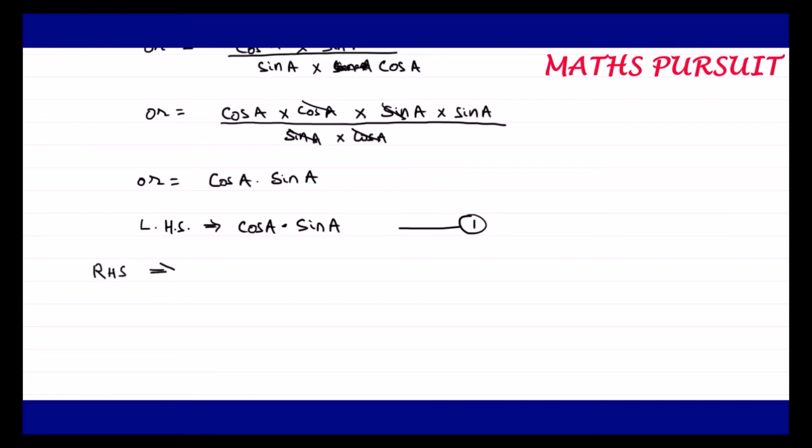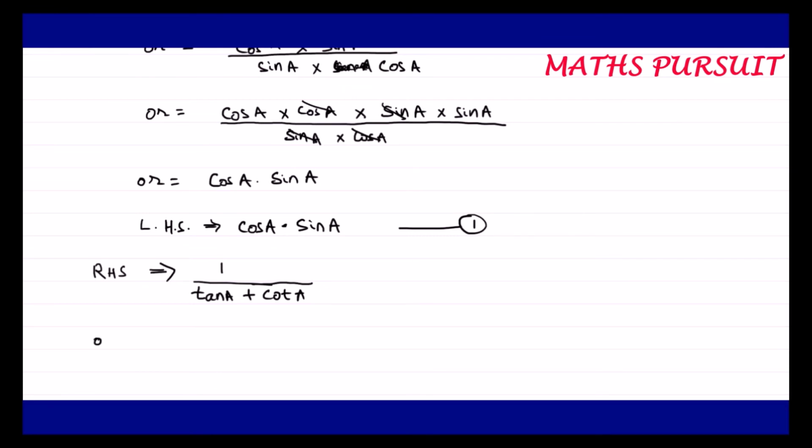So the right side of the equation says 1 upon tan a plus cot a. This is what is being given as the right side of the equation.